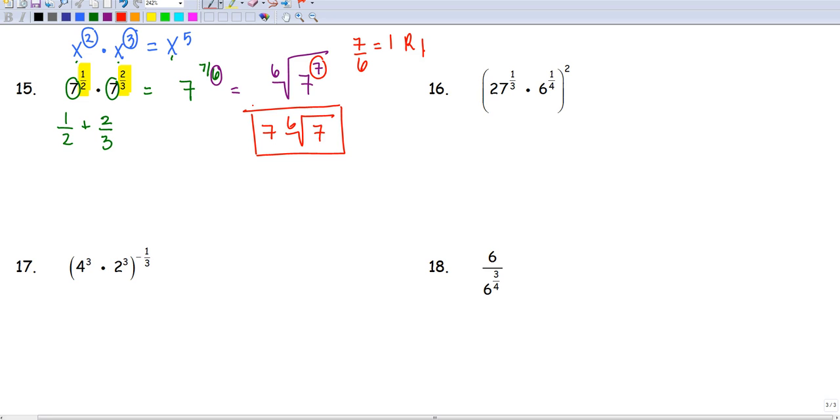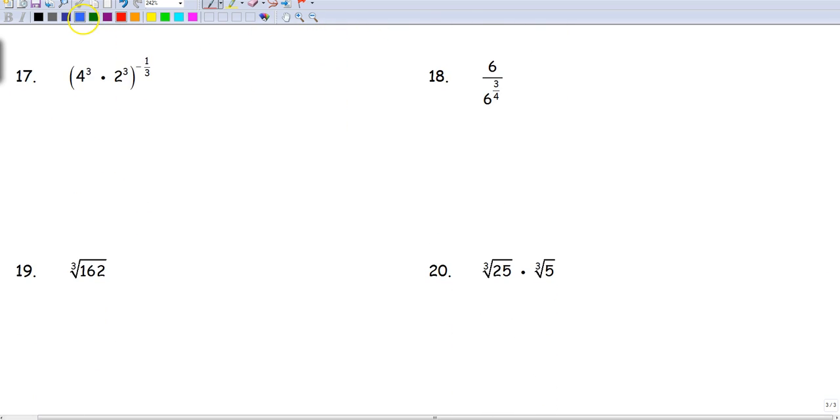All right. 16, we're going to skip. We're going to go down to 17. Your exponents will distribute. Usually, I should say, you cannot multiply these things. In this case, since they're both to the third power, it would be fine. But in general, I would recommend just distributing this exponent first. So 3 times -1/3 is -1. 3 times -1/3 is still -1.